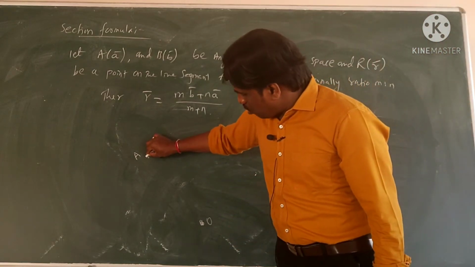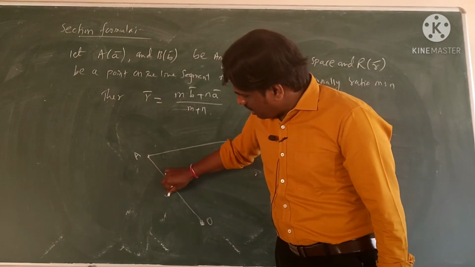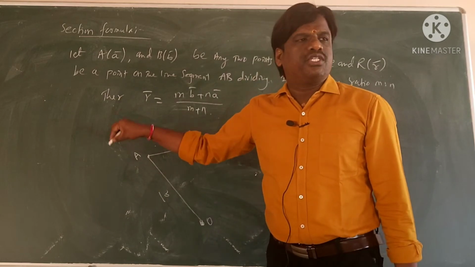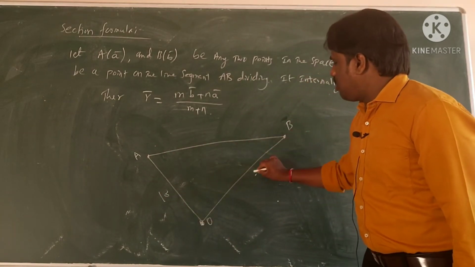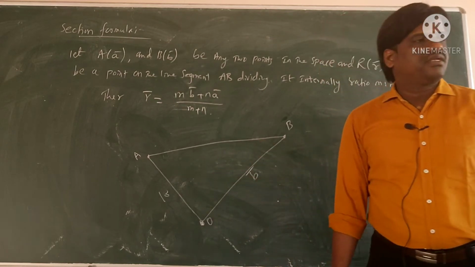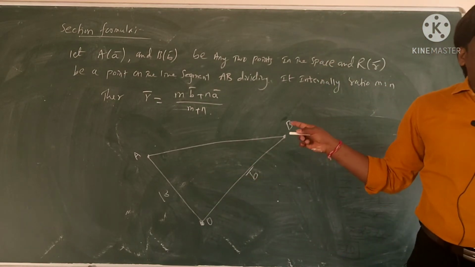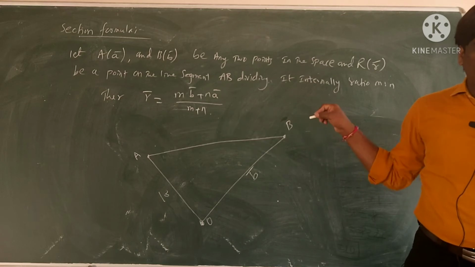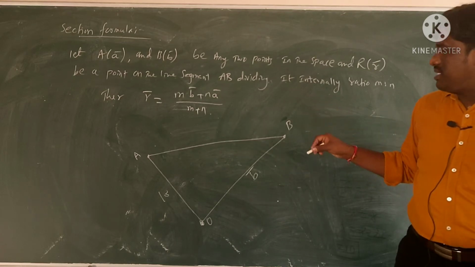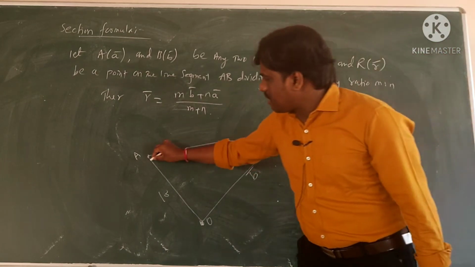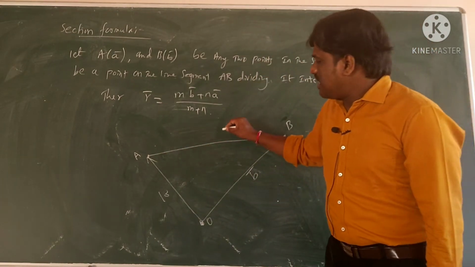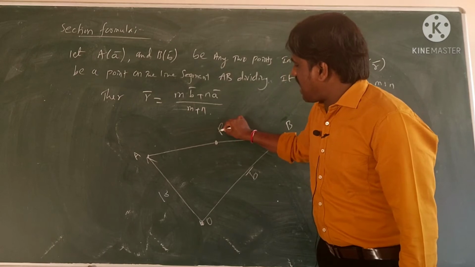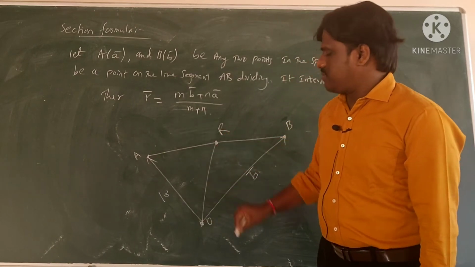If I join OA, this is the OA position vector. If I join OB, this is the OB vector. These two vectors joining line segment is divided by another vector R, OR.